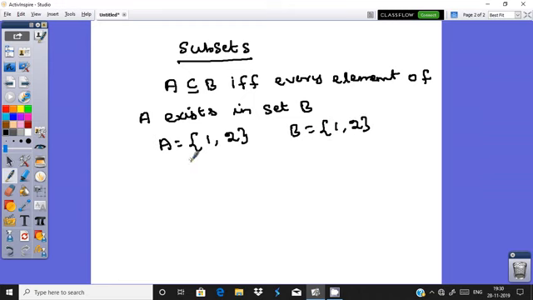Here I can say that A is a subset of B because every element of A, 1 and 2, exists in B. So you can directly write like this: A is a subset of B.